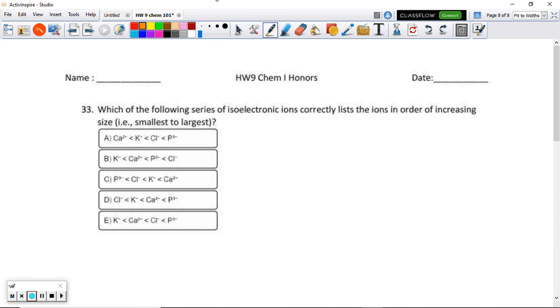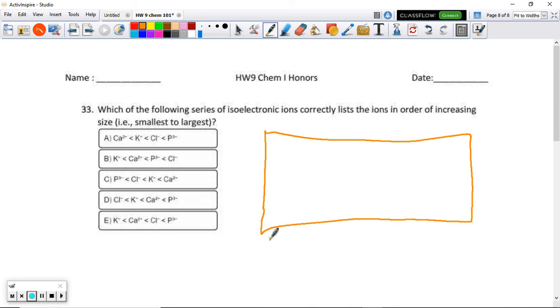Which of the following series of isoelectronic ions correctly list the ions in order of increasing size, smallest to largest? So again, this one is going to be helpful to have a periodic table.